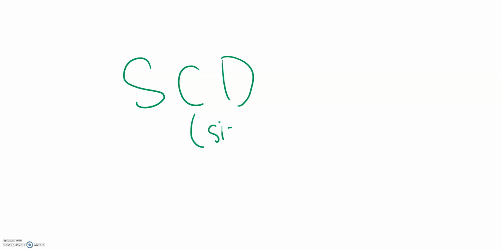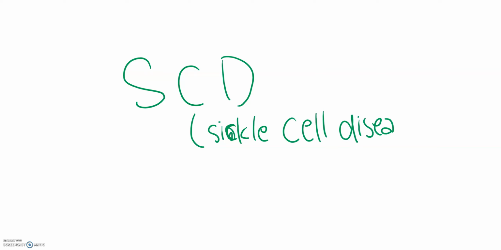Now, the big money question here today is, what is sickle cell disease? SCD, or sickle cell disease, is considered one of the most prevalent red blood cell diseases in the US, affecting over 100,000 Americans, as it is a genetic condition in which the shape and function of the hemoglobin molecule in red blood cells are changed.